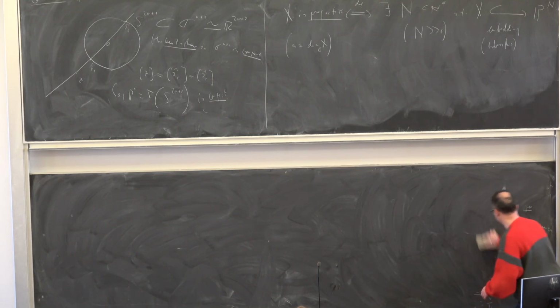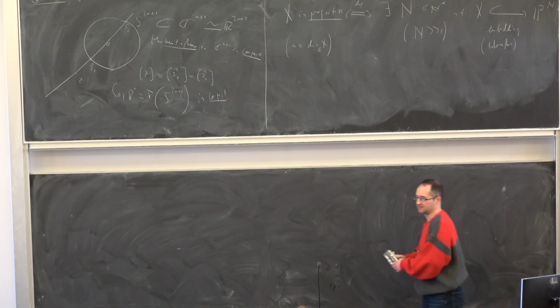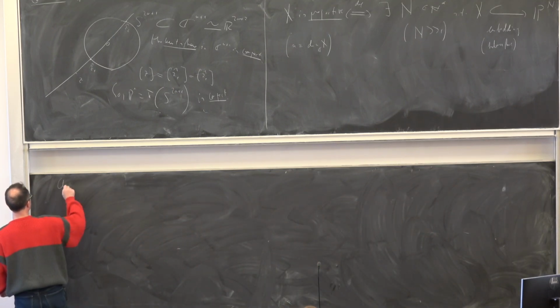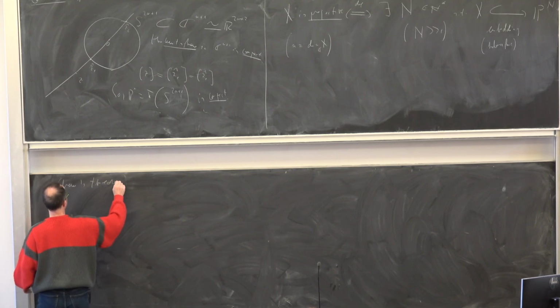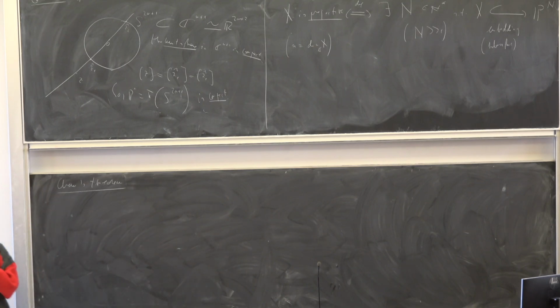I'm not going to say anything about its proof, just to put things into a broader context. So Chow's theorem says that every projective manifold is algebraic. So algebraic means that it is cut out by finitely many polynomials.